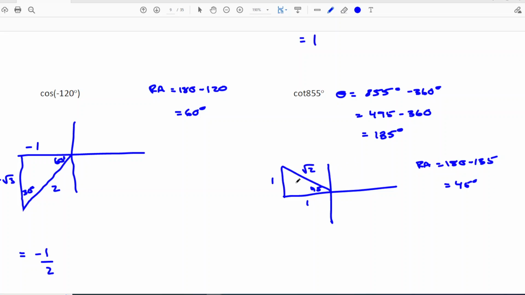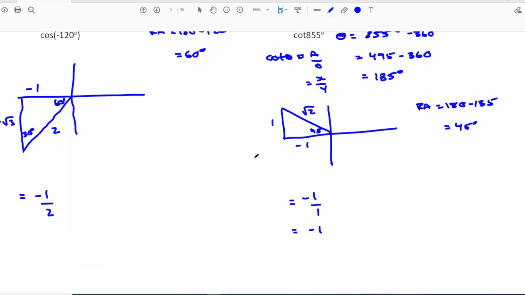And then I check for negatives. Positive y direction, positive radius, but negative x direction. And now cotan, right, if you ever have to look this up, cotan of theta is adjacent over opposite, or x over y. So it's going to be the negative 1 over 1, which simplifies to negative 1.